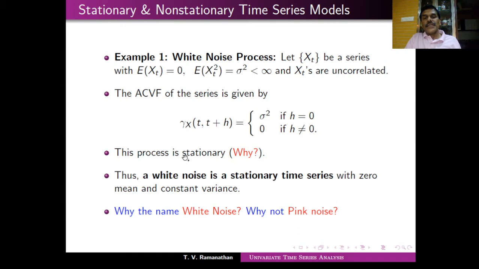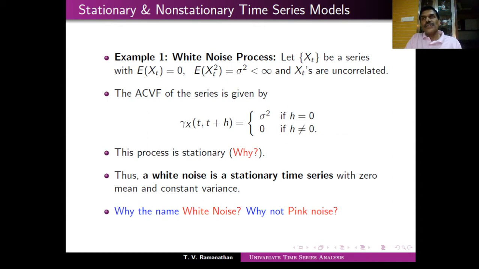When I say stationary, it means I'm bothered about weak stationarity. So this process is stationary. Thus, a white noise is a stationary time series with mean 0 and a constant variance. Now you can see that I'm not talking about the distributions of xt, because in weak stationarity we are concerned about the mean, variance and covariances.